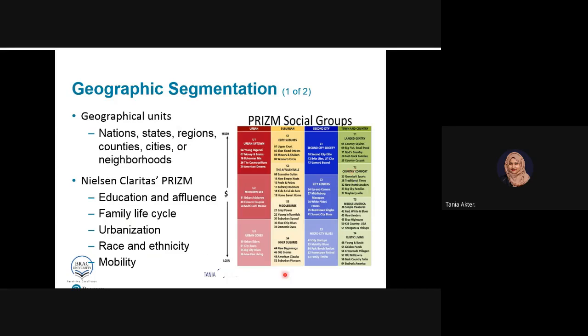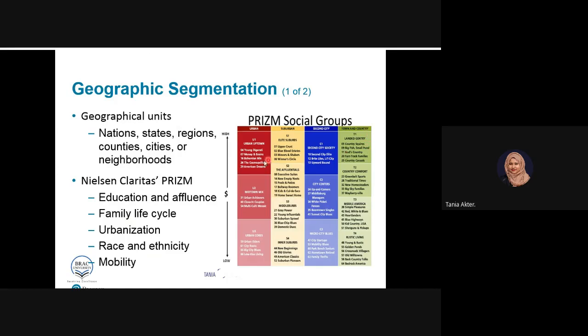There are in total 66 distinct groups of people under 14 broad categories here: urban uptown, midtown mix, urban cores. You can see there are 14 types. But there are even four broader categories: urban, suburban, second city, and town and country.